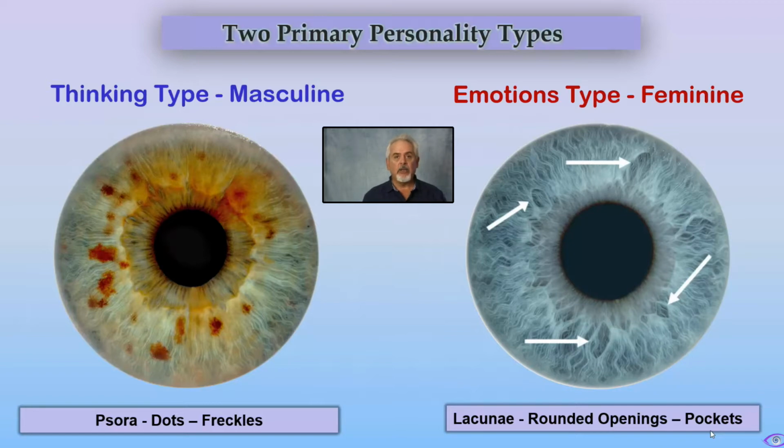On the left side of the screen, we're pointing arrows at the dotted pigmentations, or sora, as the word is in traditional iridology. And these 2 primary types, as I say, are the 2 polarities that regulate many, many forces here in 3D reality on planet Earth.